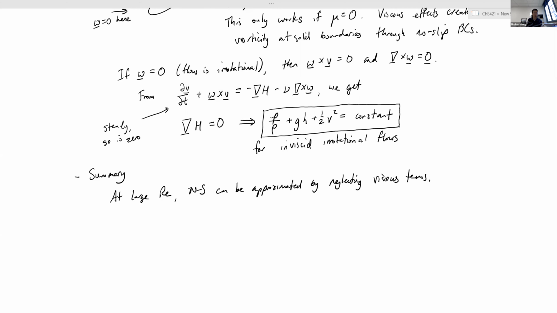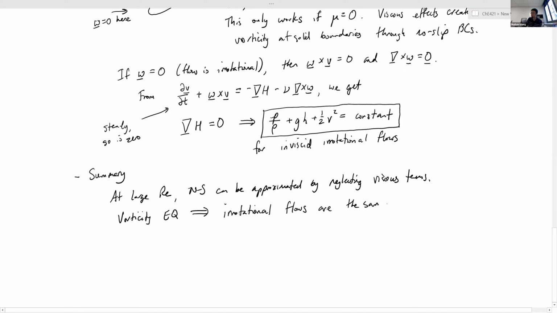Far enough away from the boundary, right? What we also found by looking at the vorticity equation, which is a direct consequence of the Navier-Stokes equations, right? This implies that irrotational flows are the same as inviscid flows, right? So irrotational flows are basically solutions to the Navier-Stokes equation when mu is equal to 0.